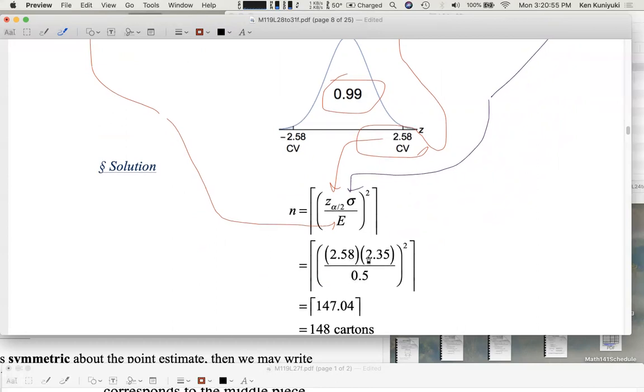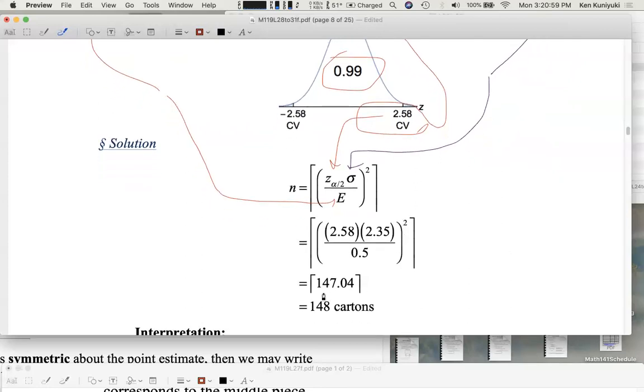You take that fraction, work it out, and then square it. That turns out to be 147.04, and even though this is really close to 147, remember, these symbols tell you to round up to the next integer. That's to play it safe, to be a bit conservative. So 148 cartons of ice cream.